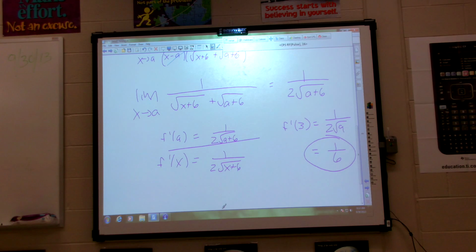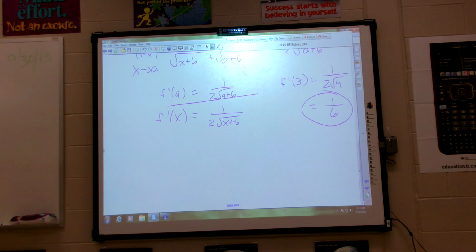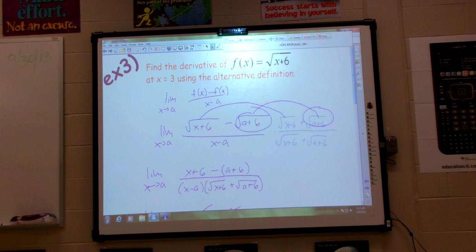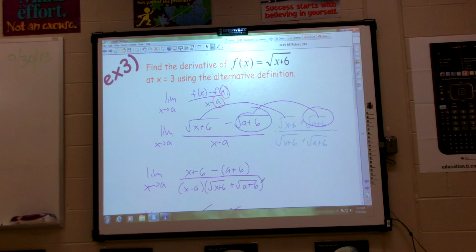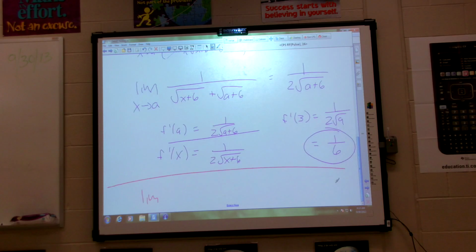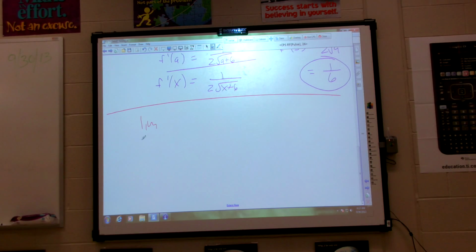Questions? Let me show you an alternative way of doing this problem. I could say right away that a is its second point, correct? Look at my graph. x and a are just 2 different points, right? Well, if I want to know as I go to 3, I could plug in 3 right away. So I could have done limit as x goes to 3, f of x minus f of 3, over x minus 3.